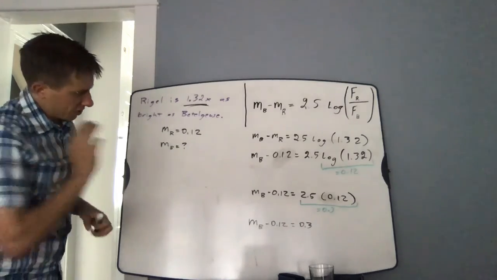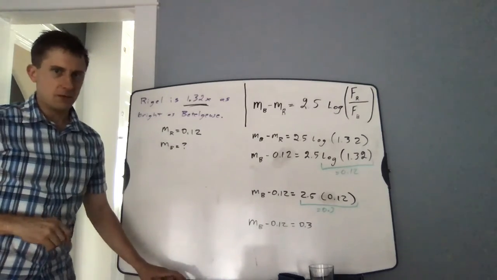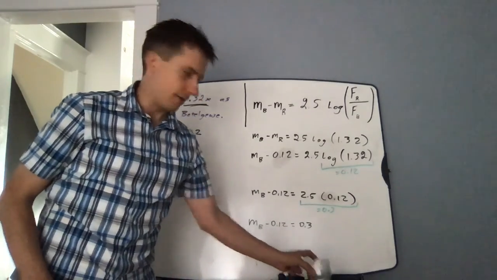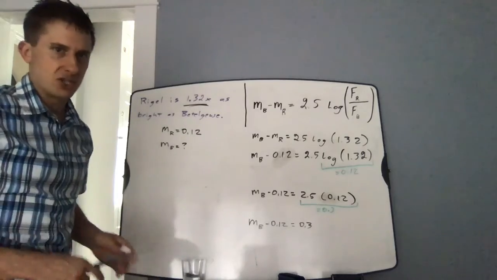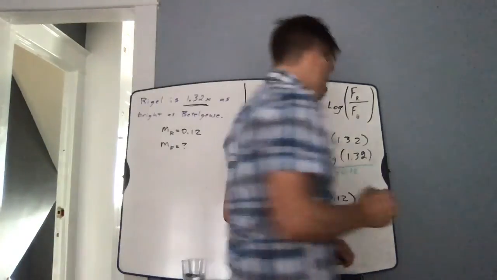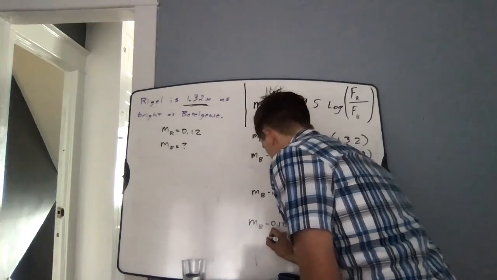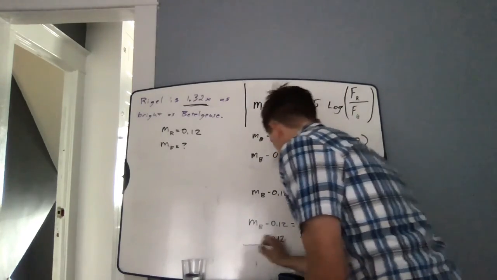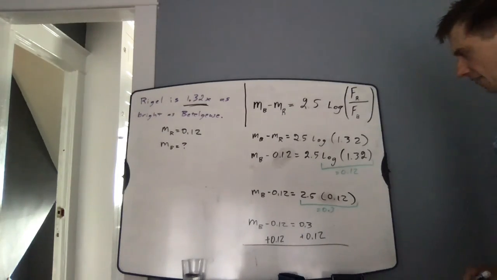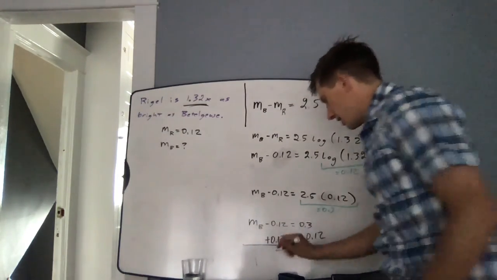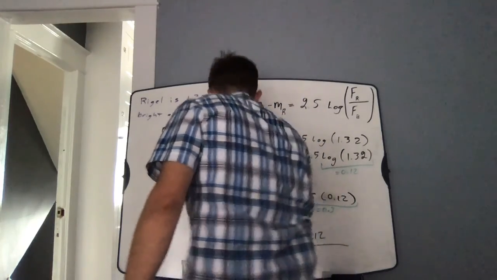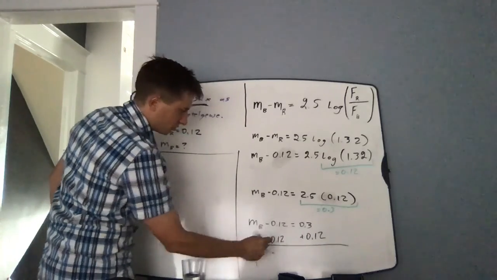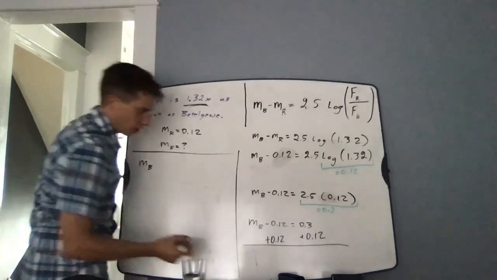Again, I want to isolate M Betelgeuse all by itself. I have to get rid of this 0.12. So if I want to do something to one side, I have to do it to the other. So I could add 0.12 to both sides. So if I say plus 0.12 on both sides, I would have M Betelgeuse minus 0.12 plus 0.12, that cancels each other out.